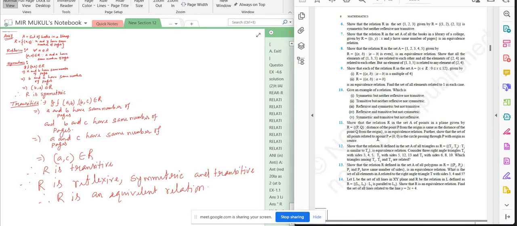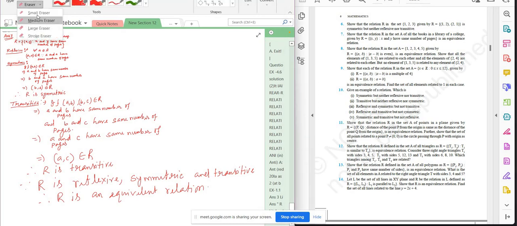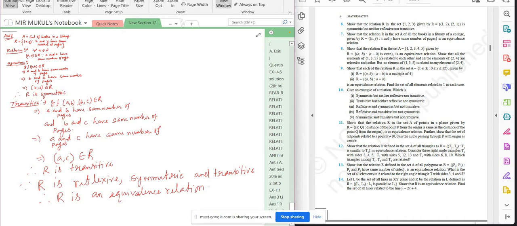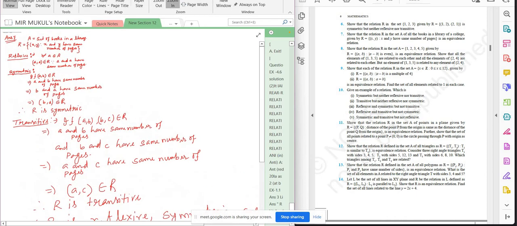Okay, so our question's equivalence. Just correct it, equivalence relation. Okay, fine. Understood? Yes, sir. Okay. So once again, just check the whole answer.